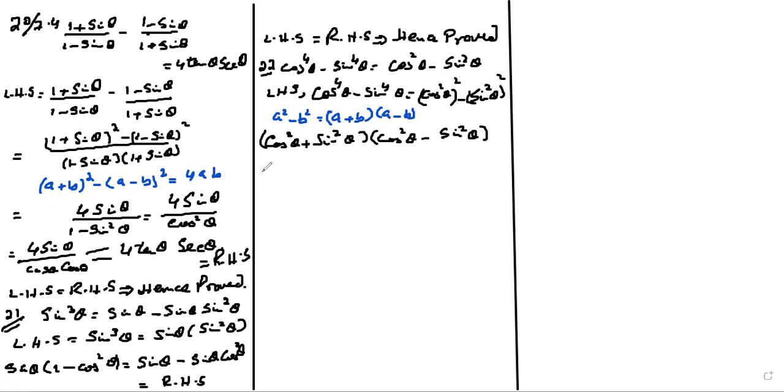Right? So cosine square theta plus sine square theta equals 1. So we have 1 times (cosine square theta minus sine square theta), which equals cosine square theta minus sine square theta, which is the right hand side.